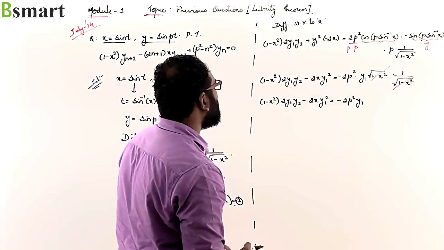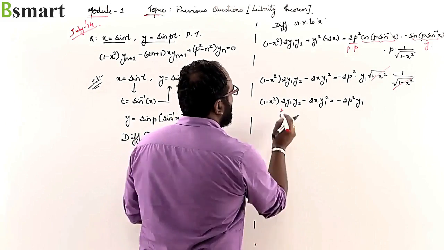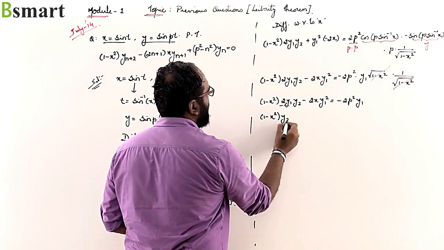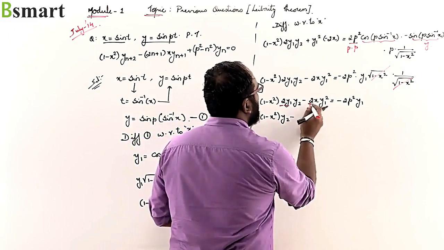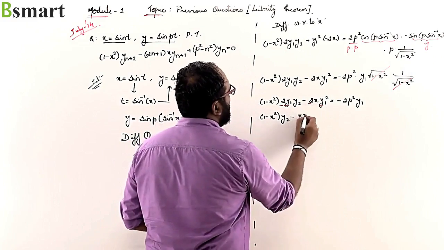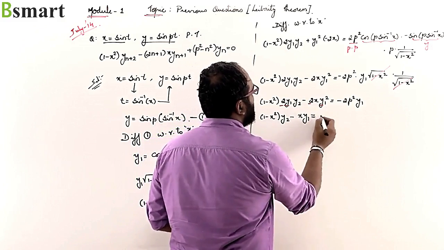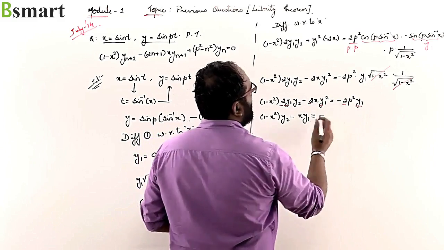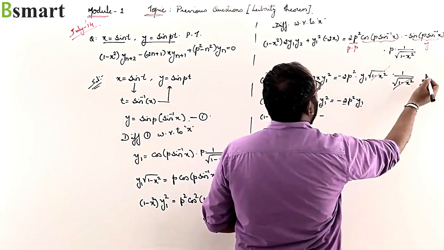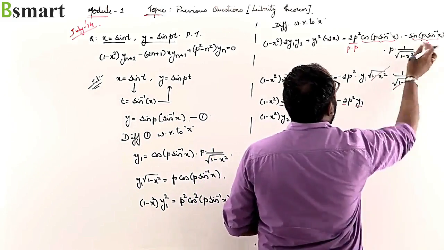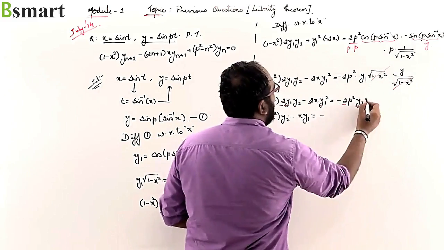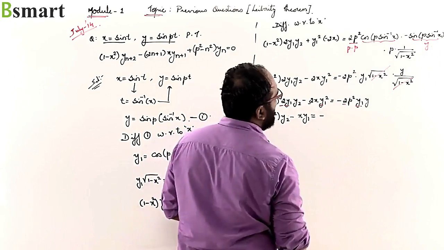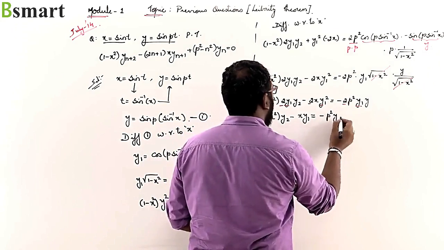Taking 2y1 common, we are left with (1 - x²) y2 - x y1 = -p² y.